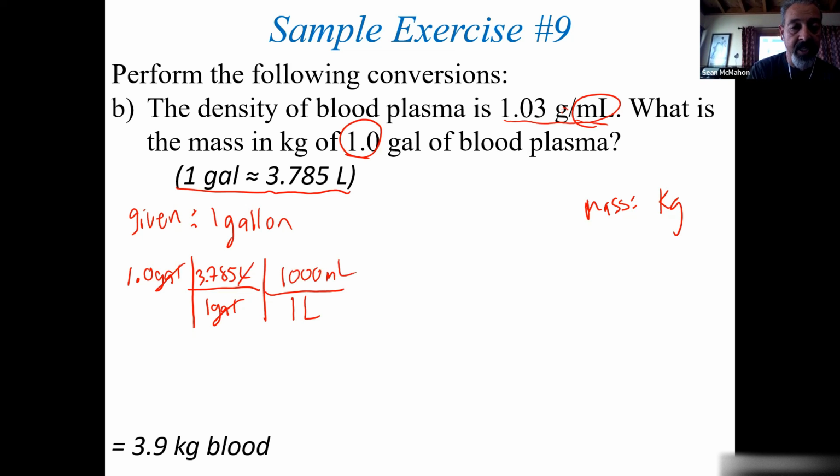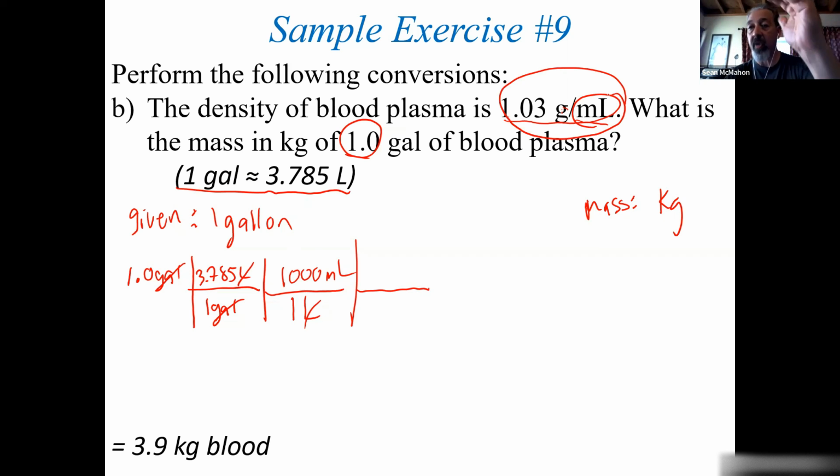So what I'm doing, I'm converting the volume of gallons of blood to milliliters of blood. How? Gallons to liters, liters to milliliters using what? The metric system. Now that I have milliliters, this is why they give me density, because density is grams per mil. It allows me to convert the volume to the mass.